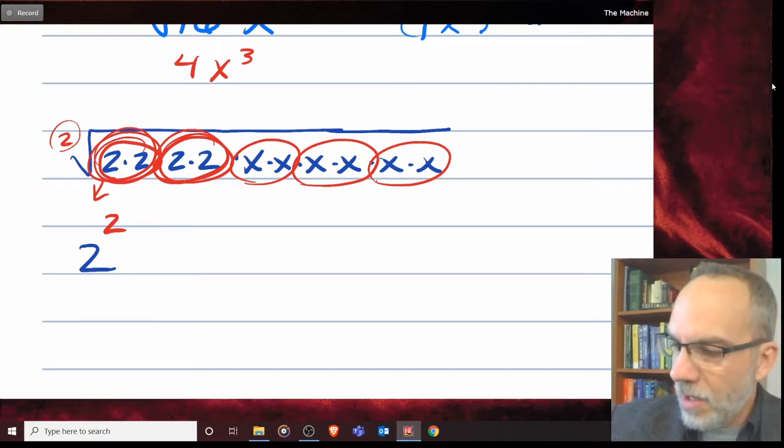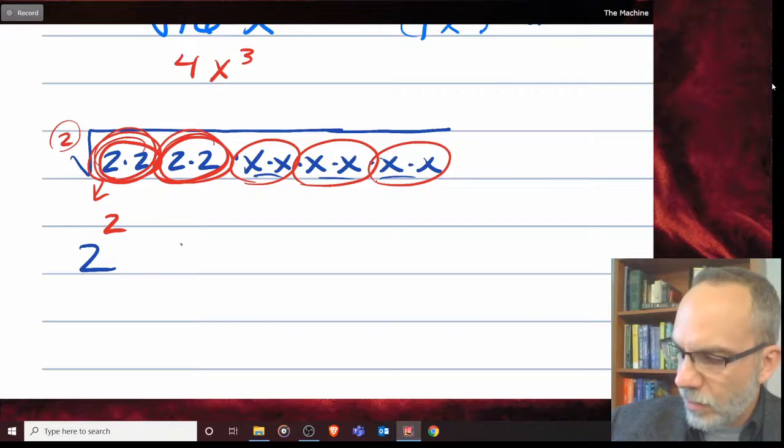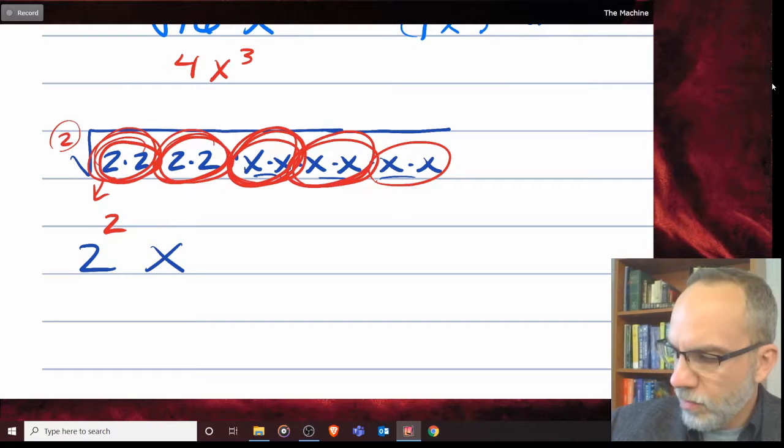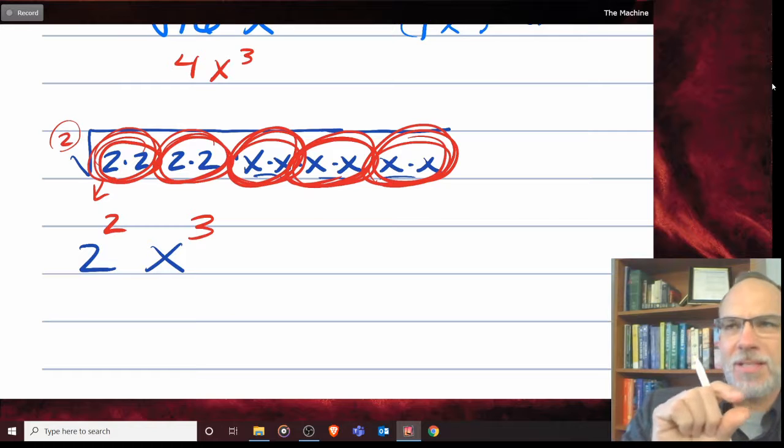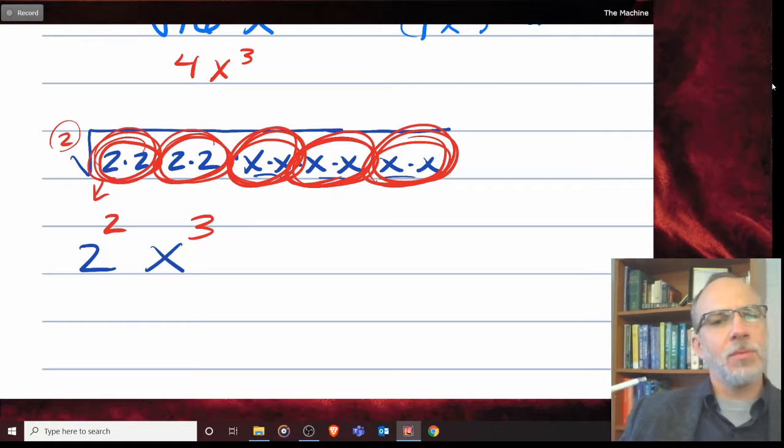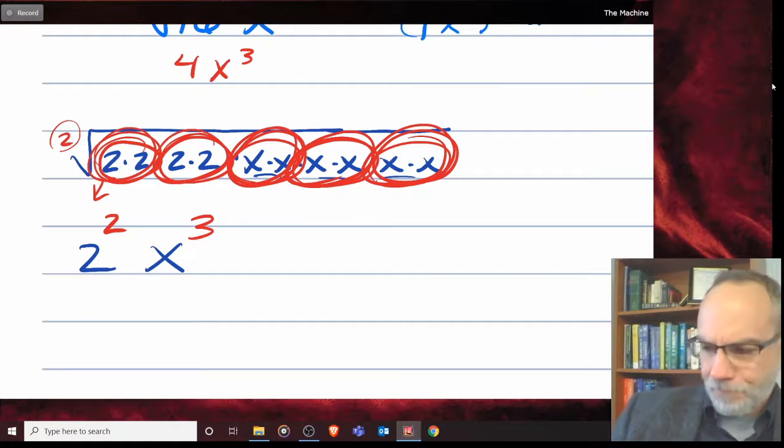Okay, what's my other base? Well, I've got bases here of x, so that comes out. Now, how many groups of 2 do I have? I have one group of 2, 2 groups of 2, 3 groups of 2. There we go. That's one way to do it. There are alternate methods. This one, I think, gets it down into its basic kind of a long but simple sort of thing.